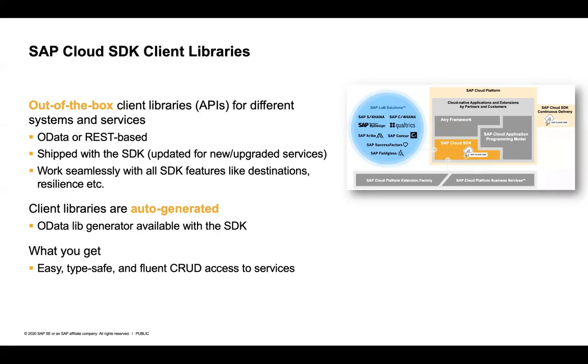The good thing is we don't spend much time in generating these client libraries. We have a generator, and this generator makes these client libraries available to you by a click of a button. I highlight these touch points with LOB solutions and Cloud Platform services because these client libraries offer you this window into these solutions without really getting into those physically, but you have the libraries at your avail.